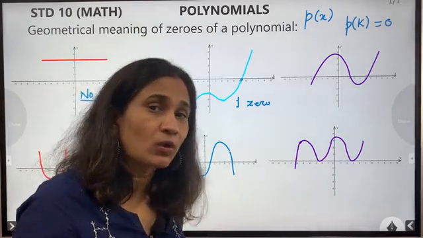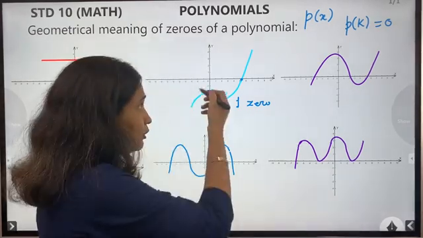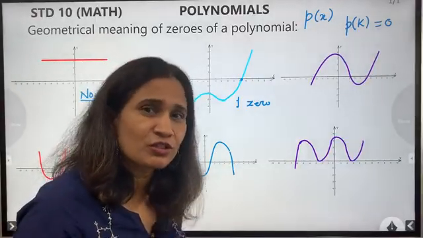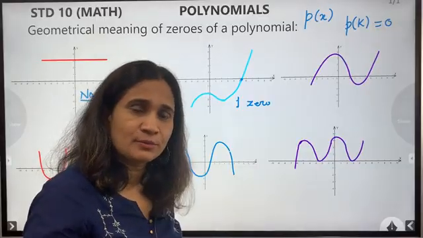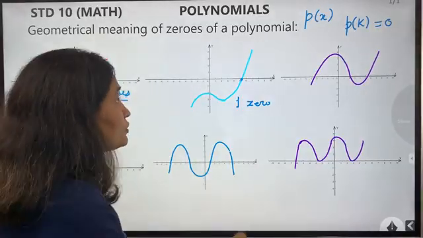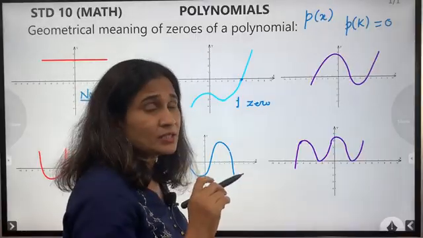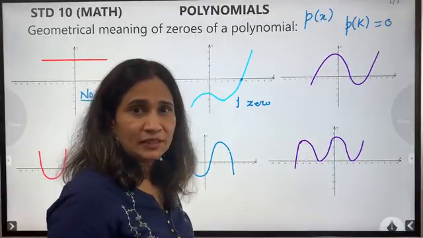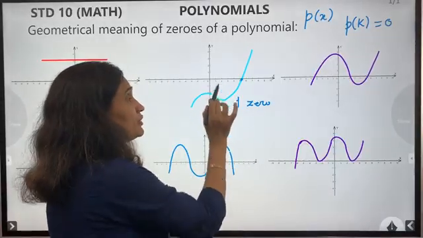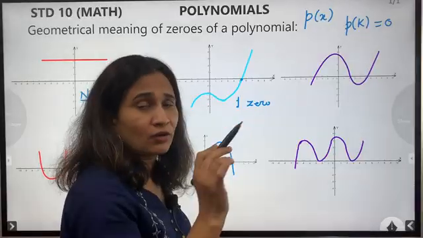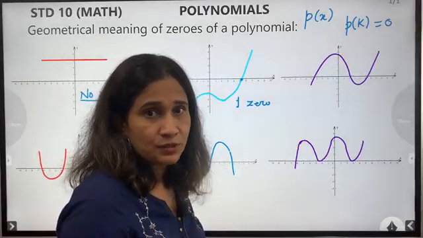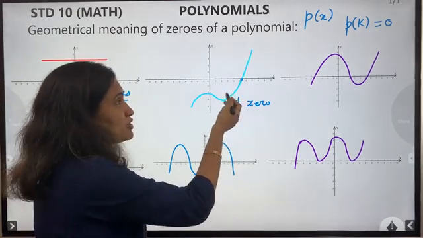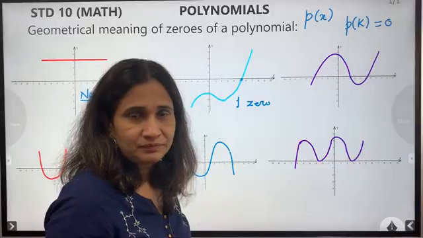Here the plotted graphs are already given to you, but practically they have plotted the graph and then checked how many zeros you get, algebraically also and geometrically also. So here there is only 1 zero. It means, children, that there is only one real number k which will satisfy that polynomial. So only for that one value, your P of k or that P of 1 will come equal to 0. So from that you can also come to know that this must be a linear polynomial, right?